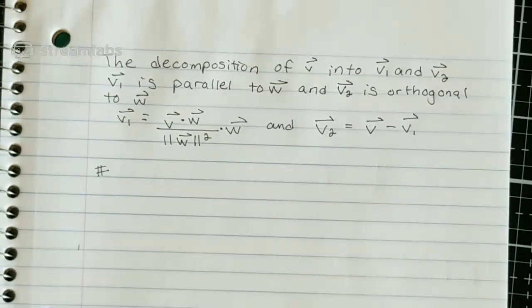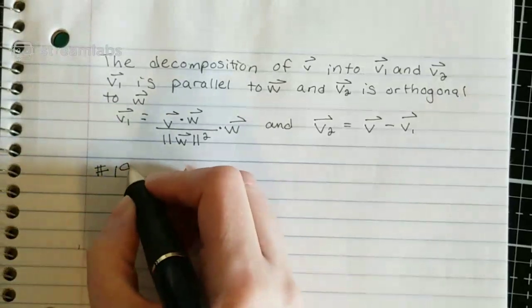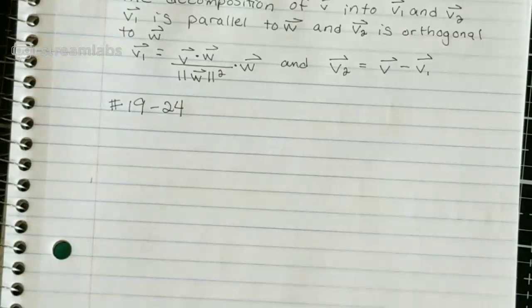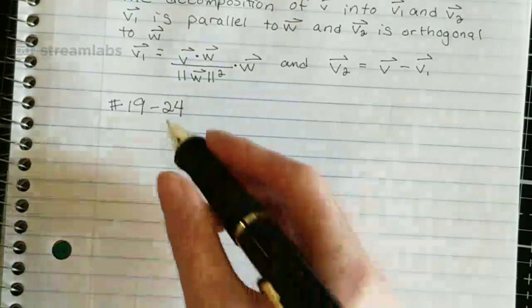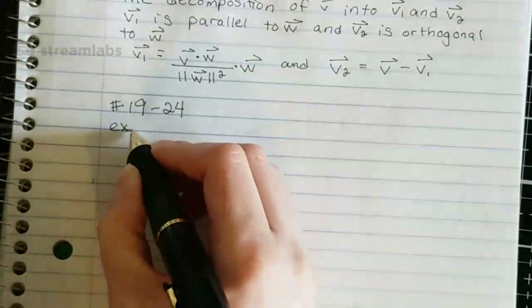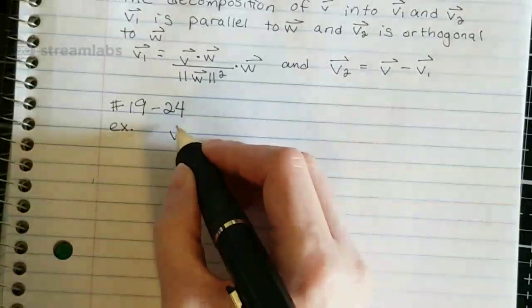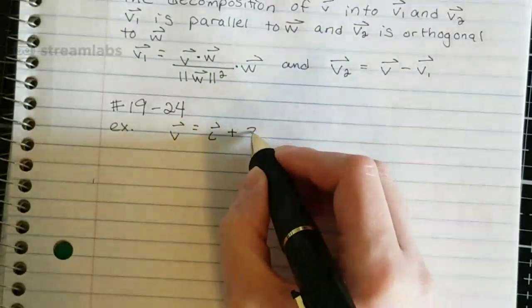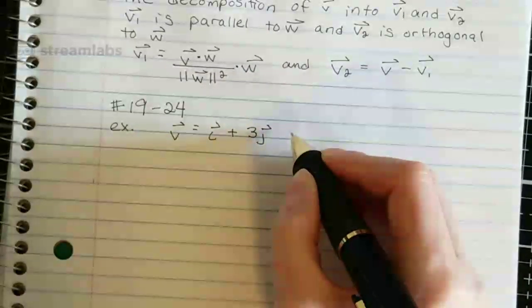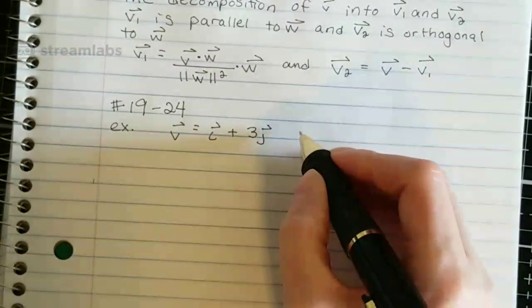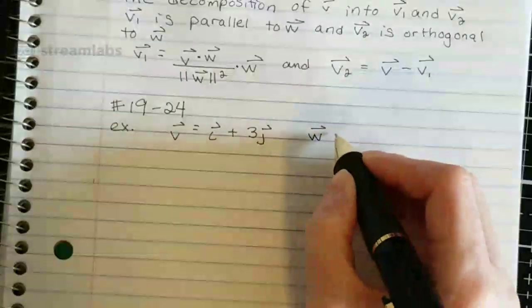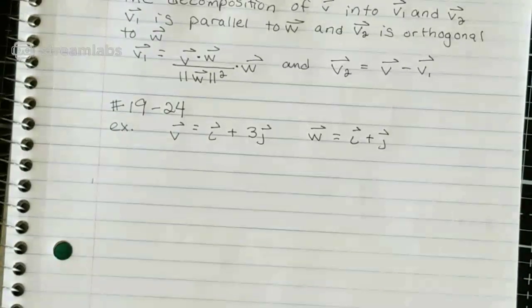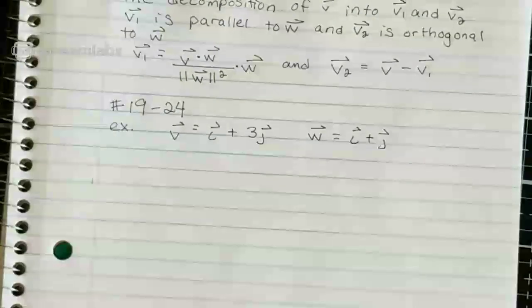Number 19 to 24. Let's follow. Our example is V is equal to I plus 3J, and W is equal to I. Directions are pretty much the same directions that they gave you in the book.